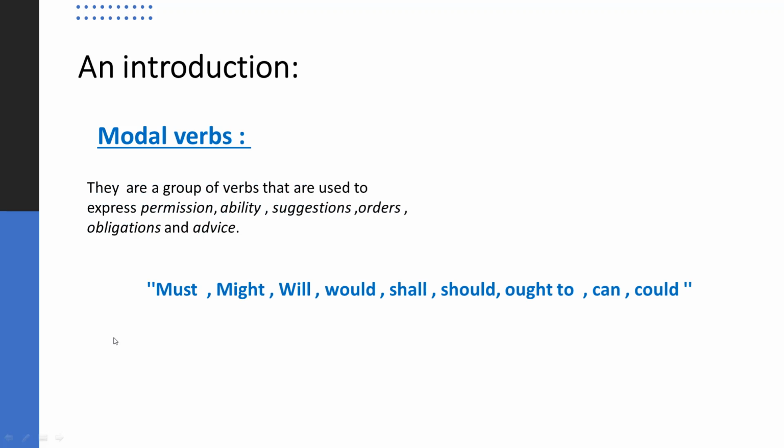The most famous modal verbs are must يجب, might ربما, will سوف, would سوف, shall أيضا بمعنى سوف ولكن غير ملزمة بشكل أكبر, should يجب لنصيحة, ought to ملزمة, can يستطيع أو أستطيع, could استطاع.